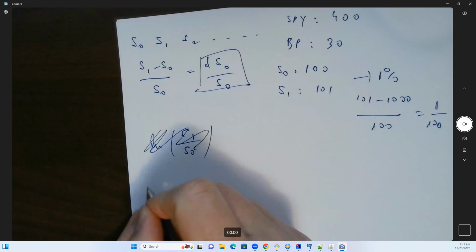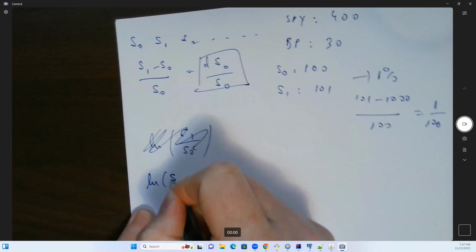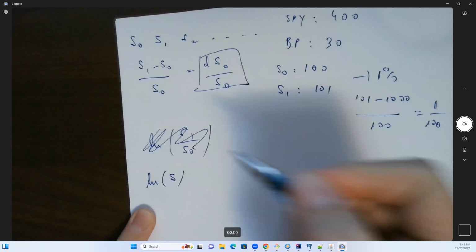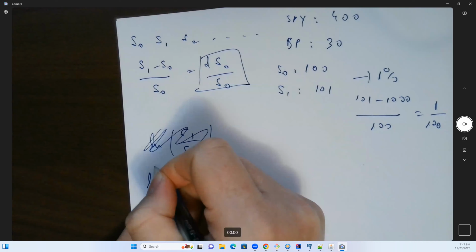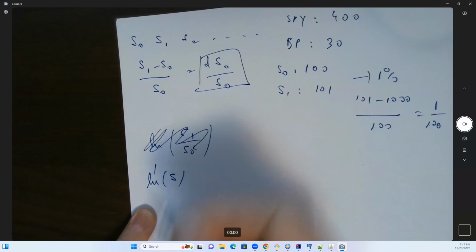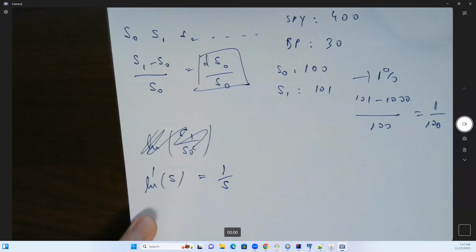Okay, so let's have the function logarithm of S. So the stock is a function. What's the derivative? So the derivative of logarithm of S is 1 over S, right?